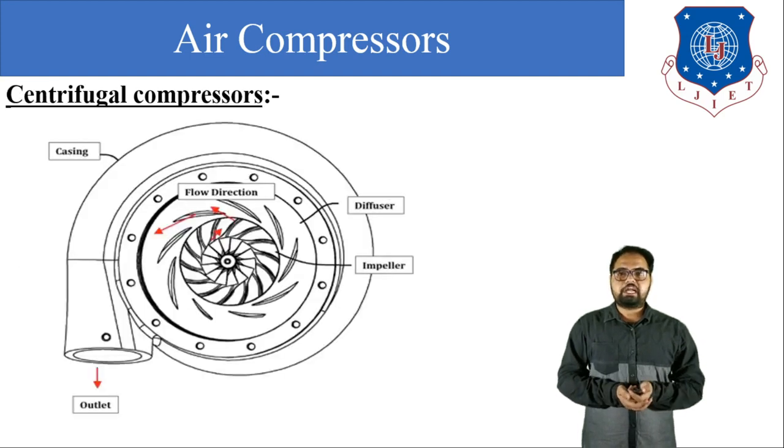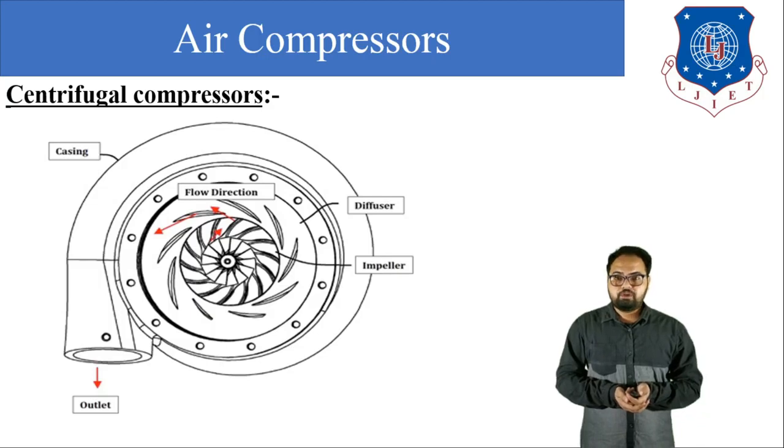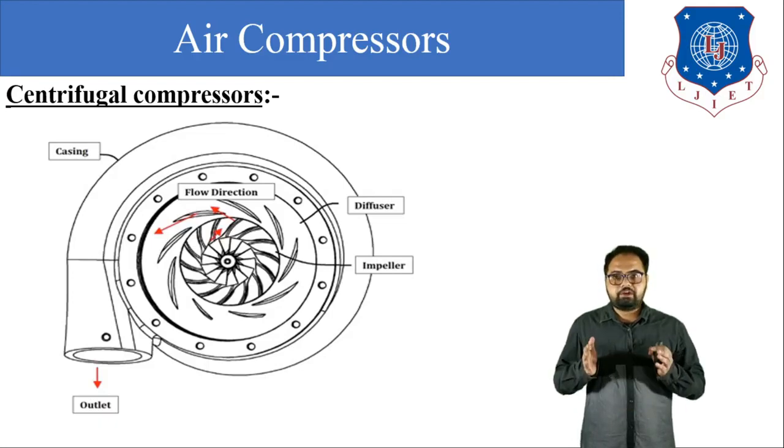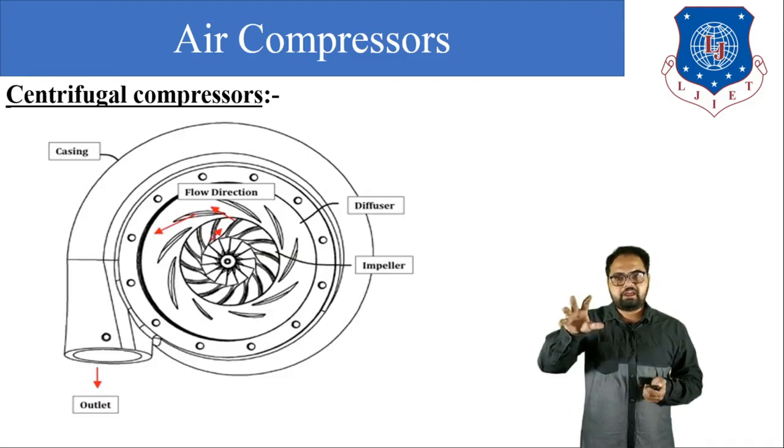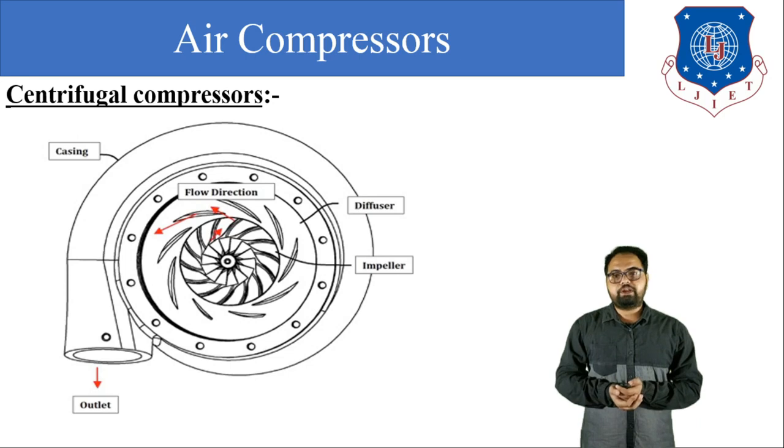The first one is centrifugal compressor. The function of the centrifugal compressor is the same as a centrifugal pump. In a centrifugal compressor, the mechanical energy is converted into pressure energy by the action of centrifugal force. Here in this figure, you can see that in the center, an impeller is provided.